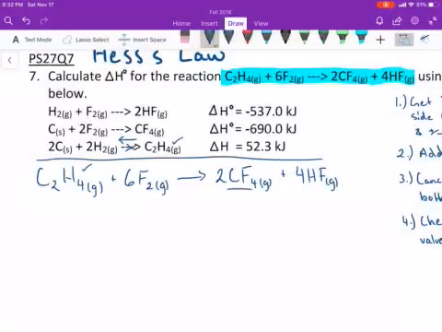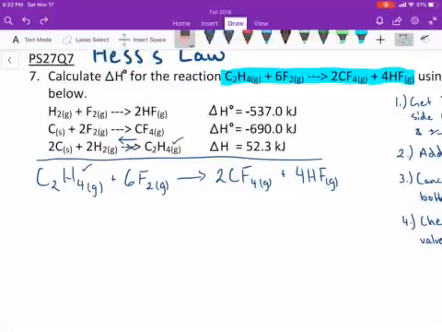Then we have CF4, and it looks like the only CF4 we have is right here, and it is on the product side, and that's what we want, okay? Then we have HF. It's the only HF, the H and the F together, that we have. And we're not going to be counting H2 and F2 or something, but just HF, okay?